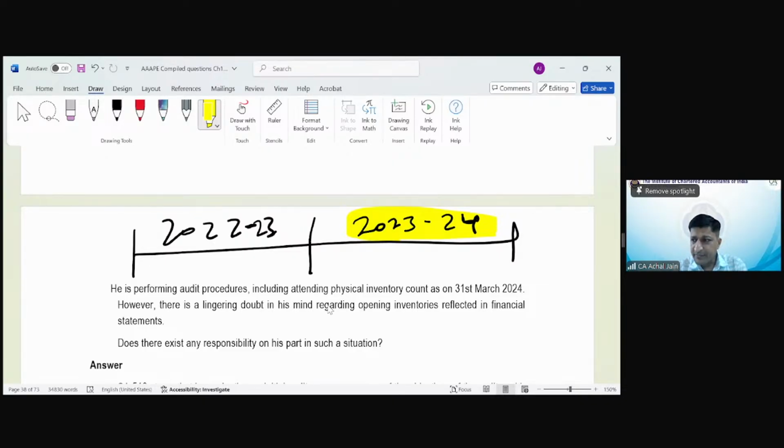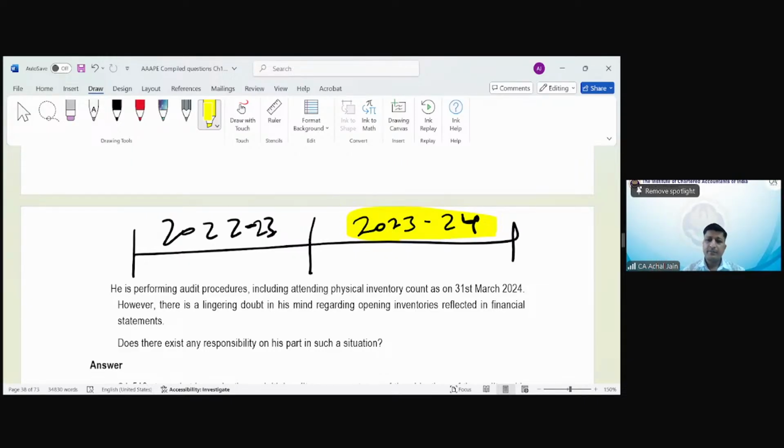But in this case, it's not audited. To ensure that the opening balance is as per the record, first he has to conduct the physical inventory. Now, he can do the rollback of the reconciliation, or we can ask the management to do the reconciliation of the old items.